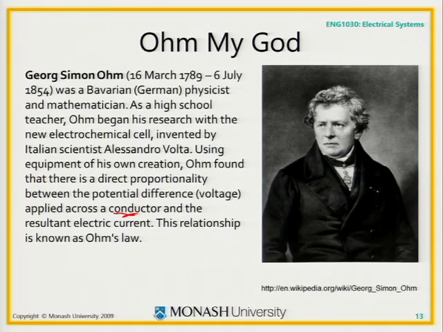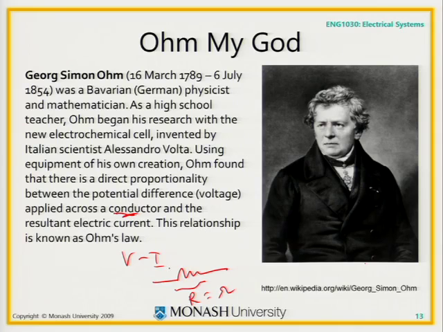And he found that different conductors had different relationships between the voltage and the current. So this thing he basically gave the name of what we call a resistor, and it's measured in ohms.